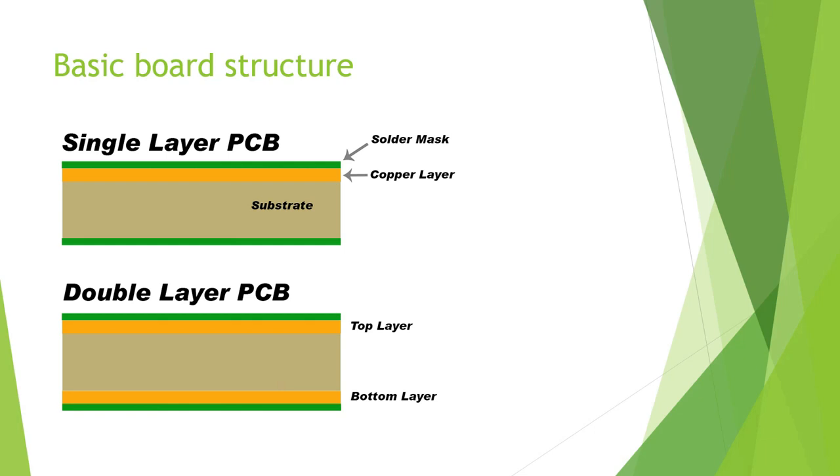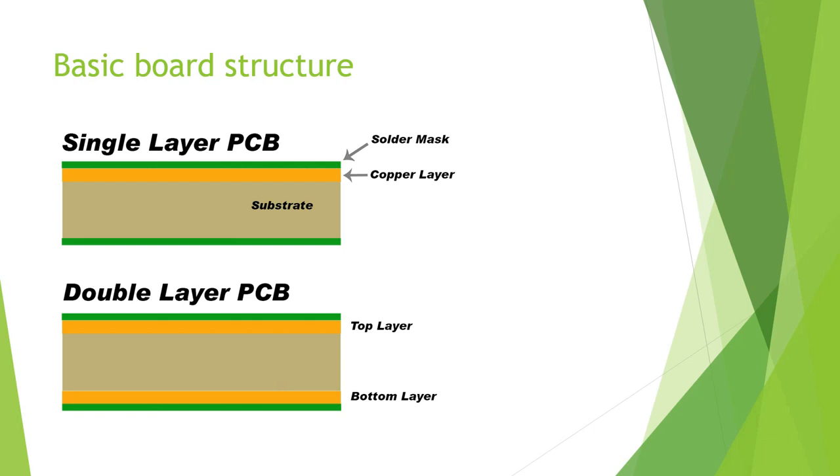Let's look at the basic board structure of a PCB. Here we can see a single layer board, with only one copper layer inside it. This yellow is the copper layer, attached to the substrate, which is FR4 material.